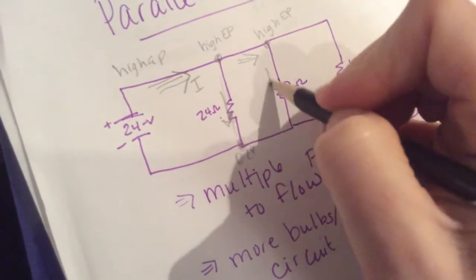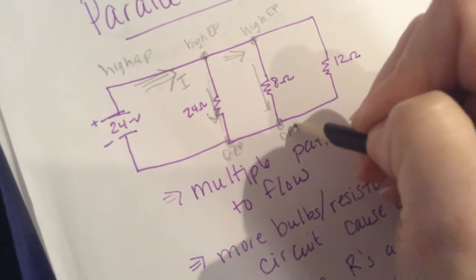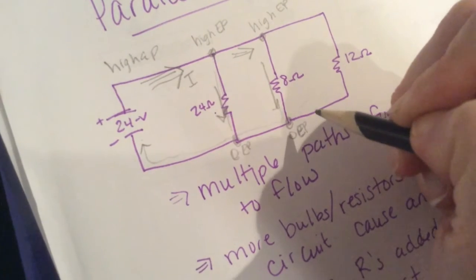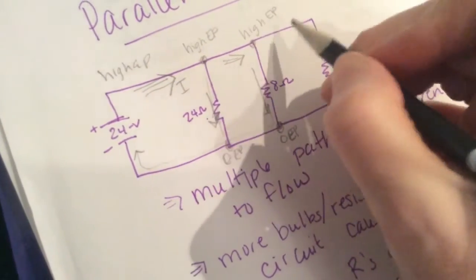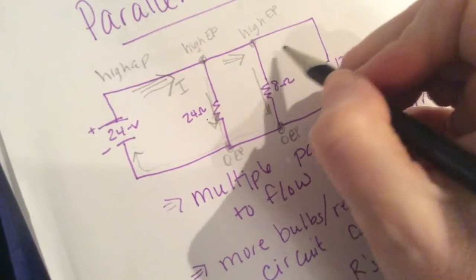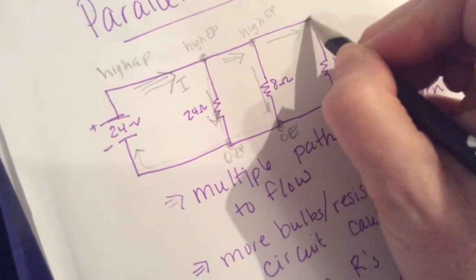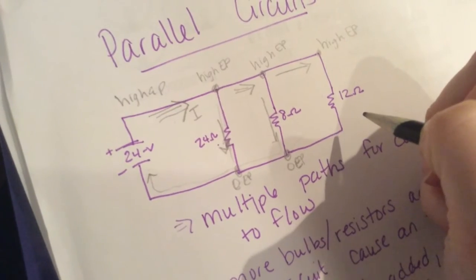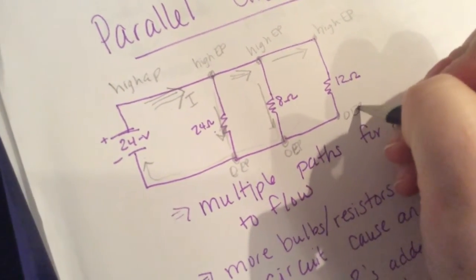Some of this current will choose to go down this path, and by the time it gets here, it's going to have 0 electric potential. Here, it's just going to go right back to the battery. So you lost a third of it here, a third of it here. I know those numbers aren't accurate, but it's the idea of it splitting. One part is going to go this way, still hasn't lost any energy, so it still has high EP here, and then it'll be 0 EP down here.